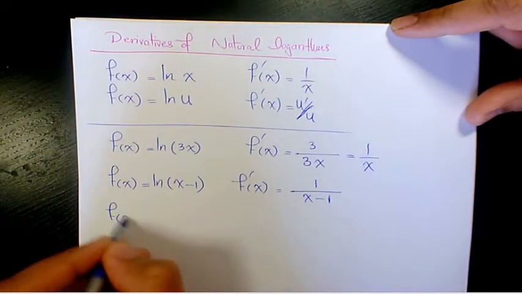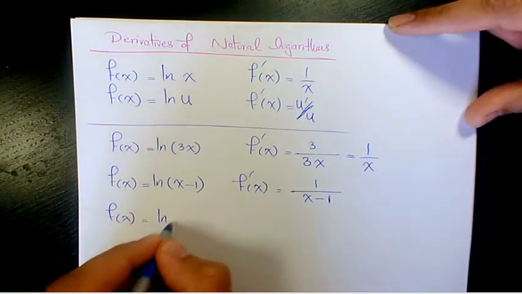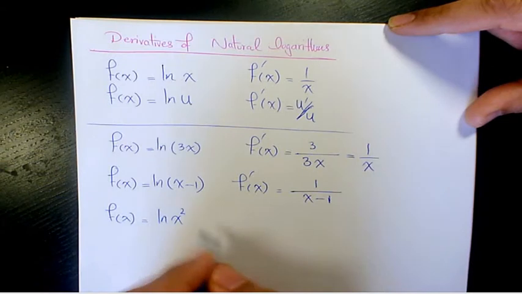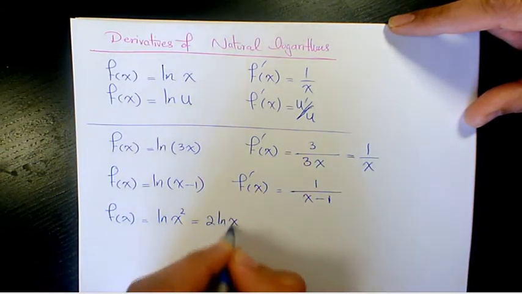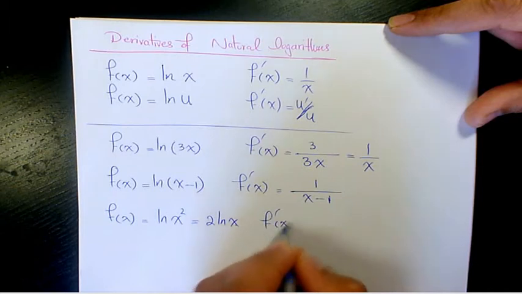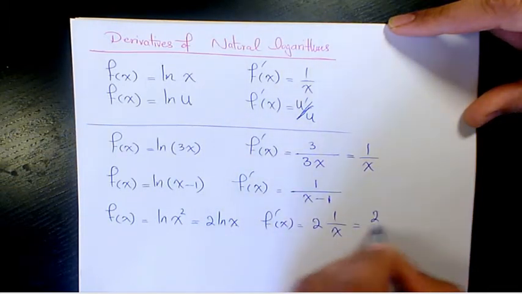Next one is f of x equals ln x squared, which you can write as 2 ln x. Derivative will be 2 times 1 over x, or 2 over x.